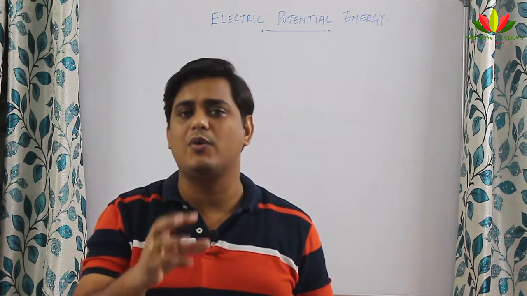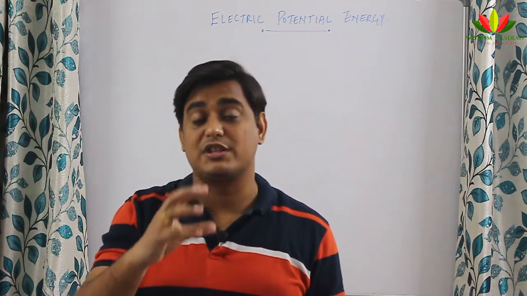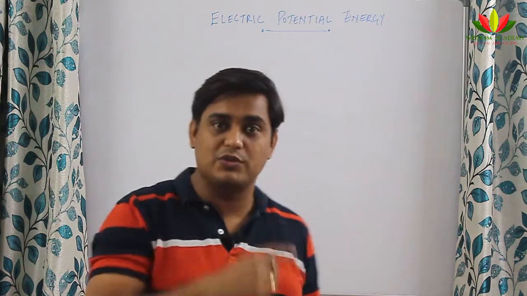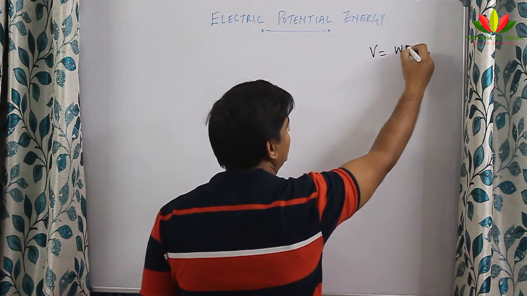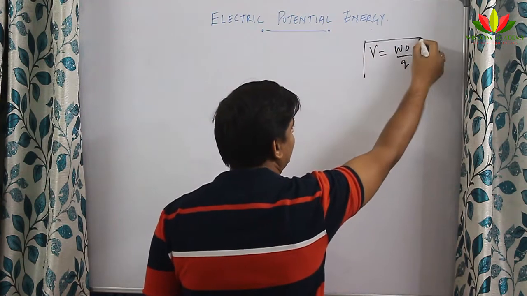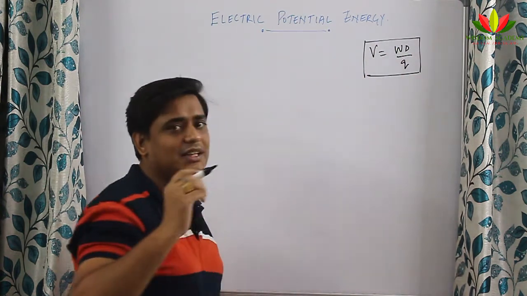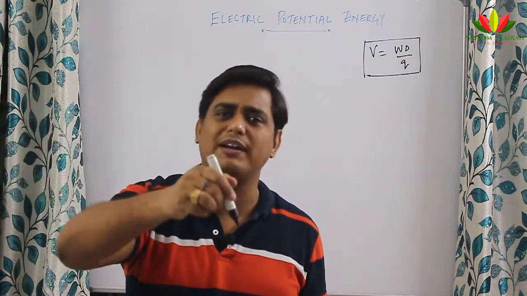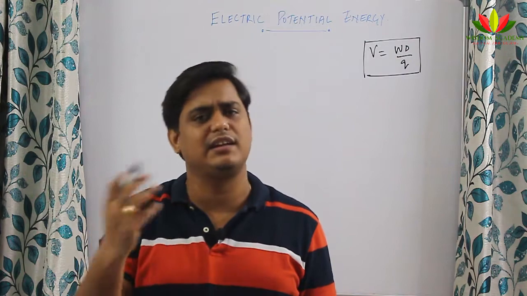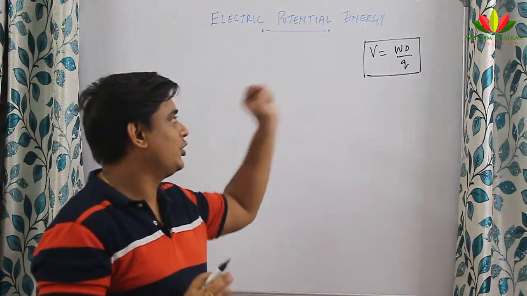So what we did, we found the work done per unit charge, because when you wrote potential, you wrote work done per unit charge. V was found to be work done per unit charge, you remember? So it is the work done in bringing a charge from infinity to that point under the influence of an external electric field. That was electric potential.